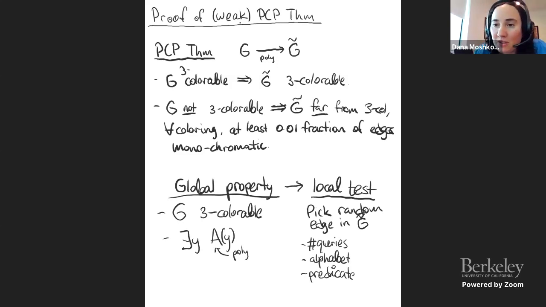For this you need to work. This is not clear, and there are PCP theorems that don't generate a single test in polylog time. They generate it in polynomial time. They first generate the full G tilde, and then you can go and pick edges from it. Okay.